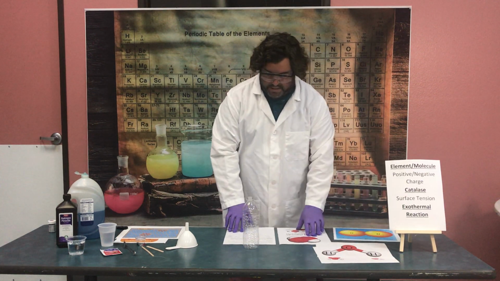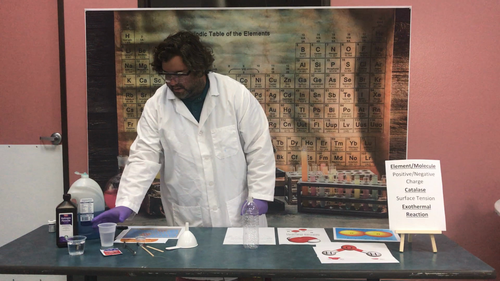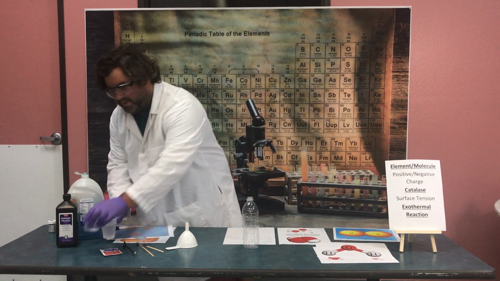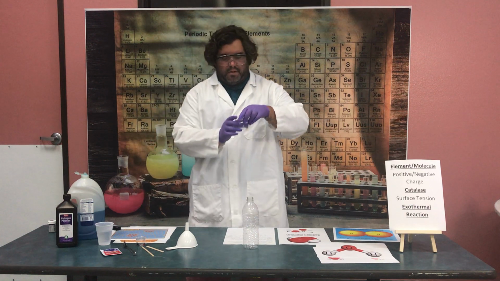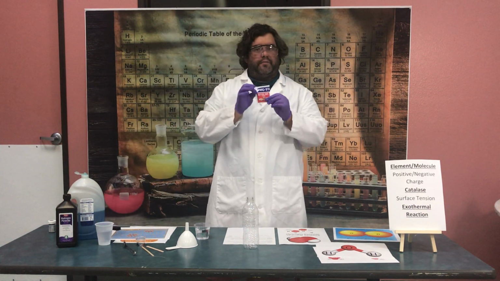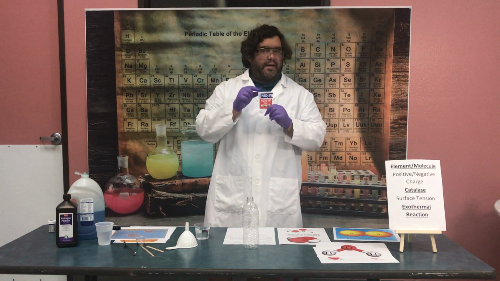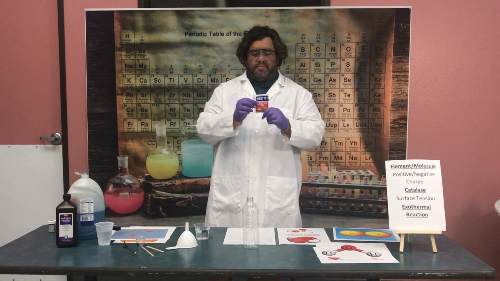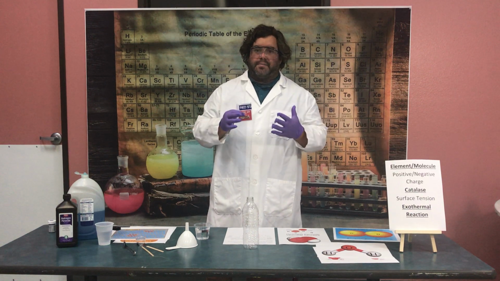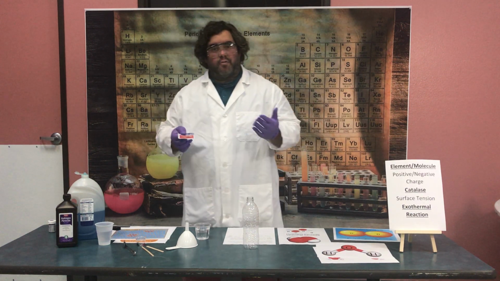And the way we do that is, in your kit, you have hydrogen peroxide, you have a packet of yeast. Now the yeast is a catalase, and what that means is that it's a substance that helps break down another substance in a faster, more rapid form.